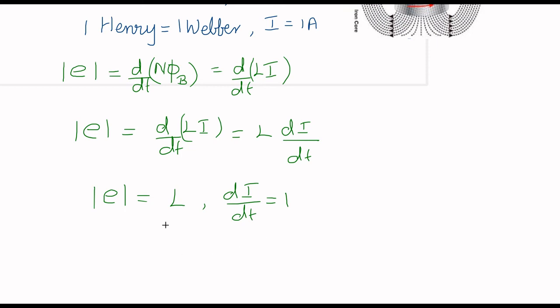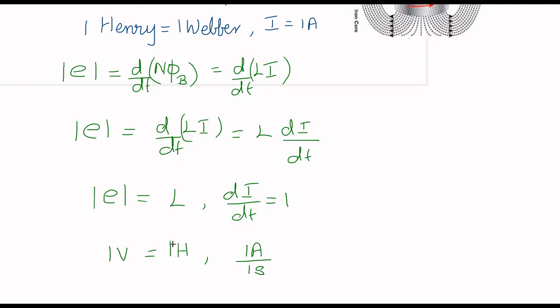Or how to define the unit of self-inductance? We know unit of self-inductance is Henry. So 1 Henry is equal to unit of EMF volt, and di by dt is 1 ampere per second.